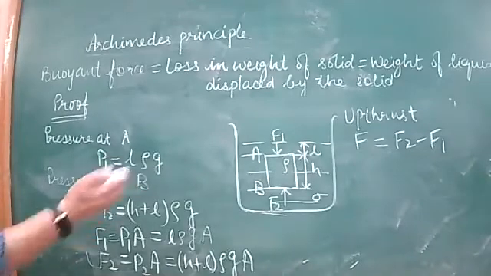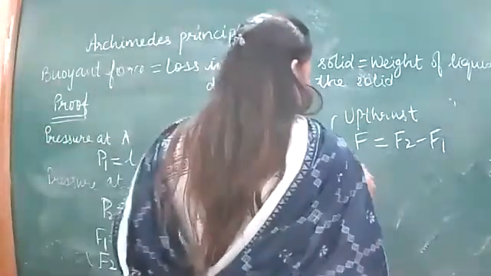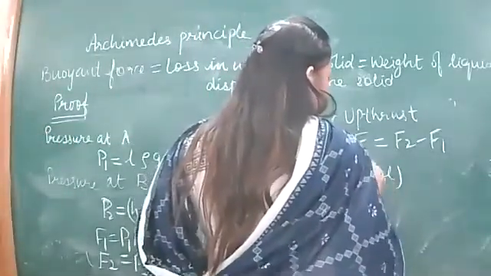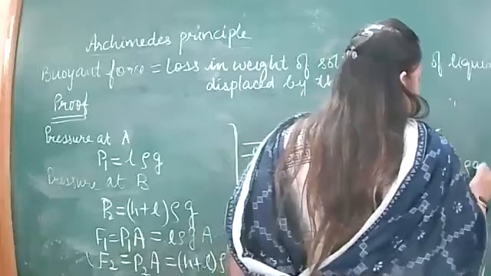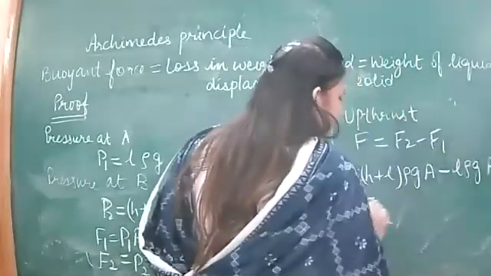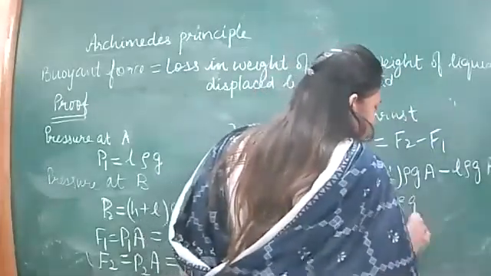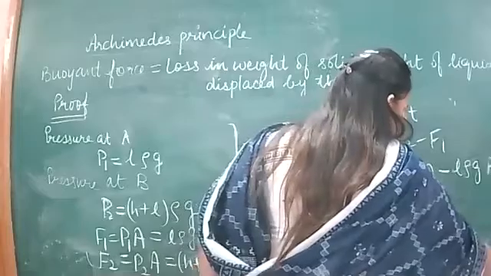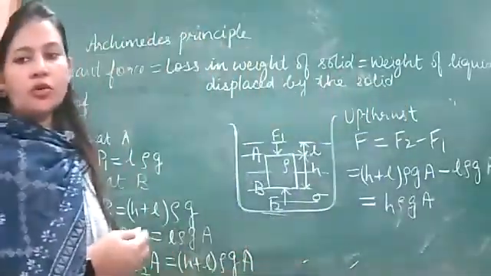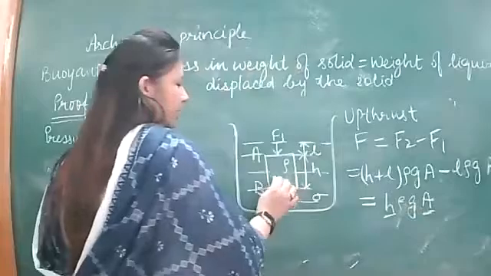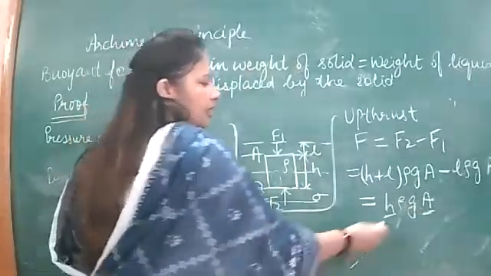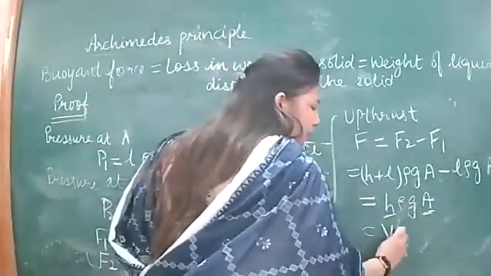So put in the values now. What do we get? (H plus L) rho G A minus L rho G A. That gives us H rho G A. What is area of cross section into height? The area of cross section of this body is A. Area into height is volume.